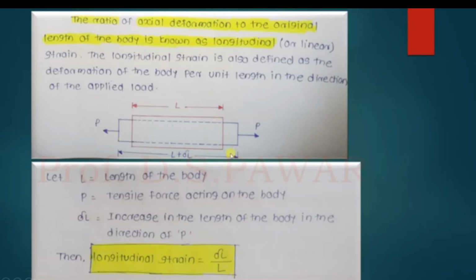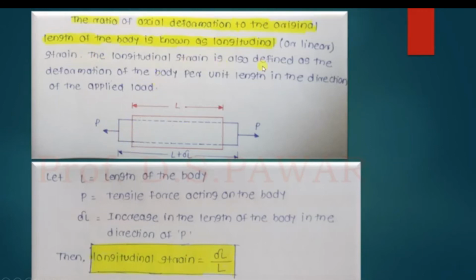Lateral strain means perpendicular to the length, and the ratio of axial deformation to the original length of the body is known as longitudinal strain. This is axial deformation, the deformation along the length.